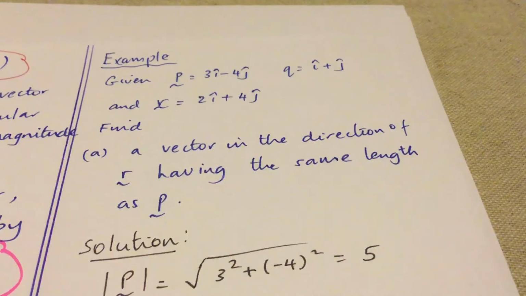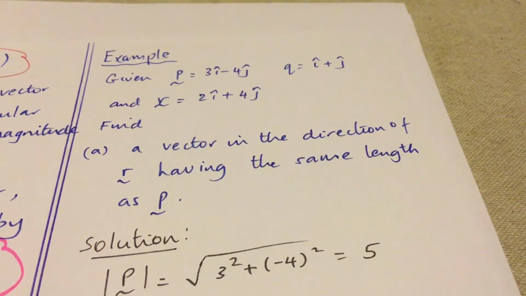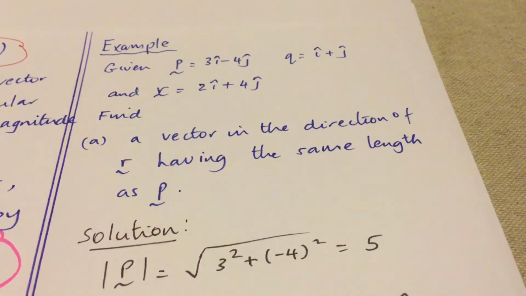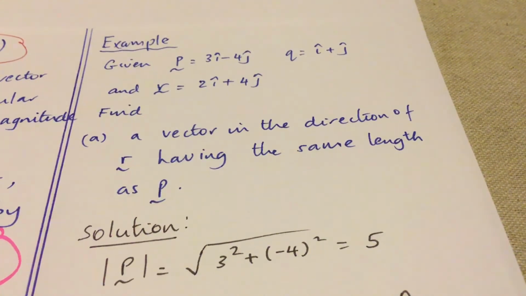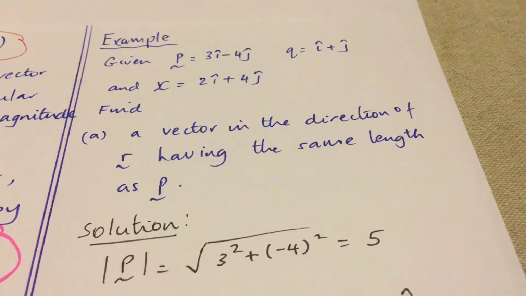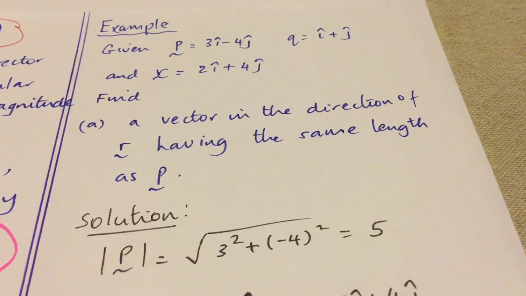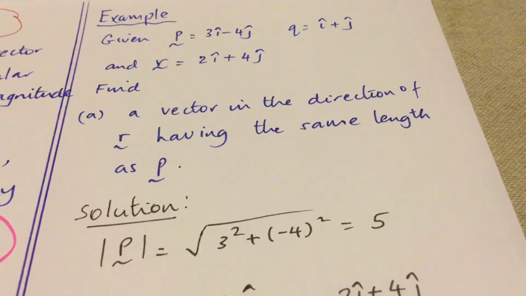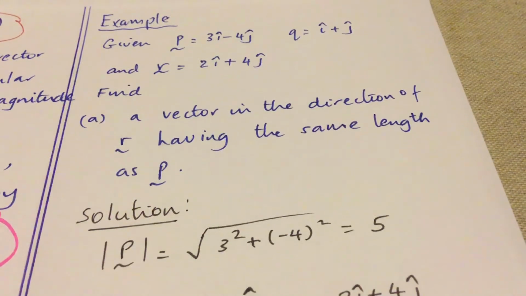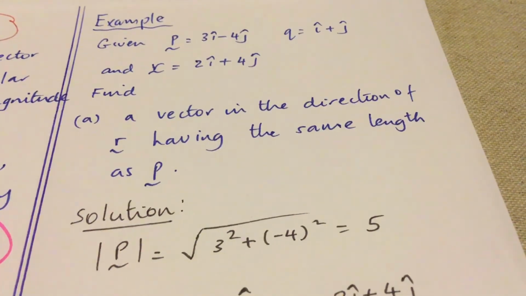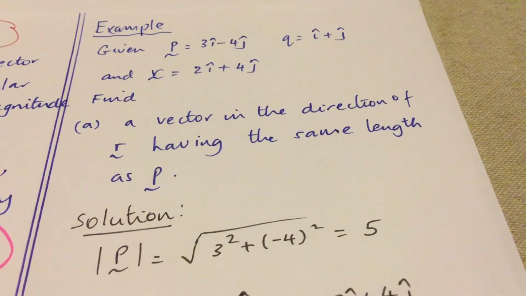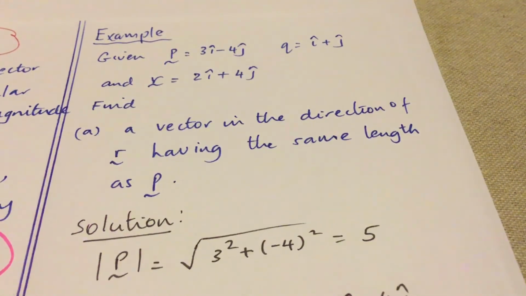We need a vector having the same length as p. So first we'll find how long p is. So we find the magnitude of p, which is the square root of 3 squared plus negative 4 squared, which gives us 5. So p has a length of 5.